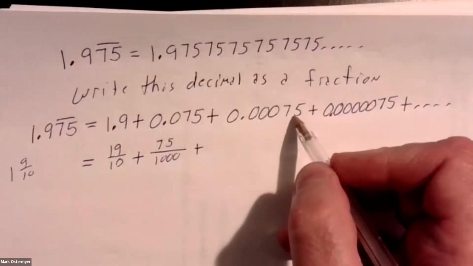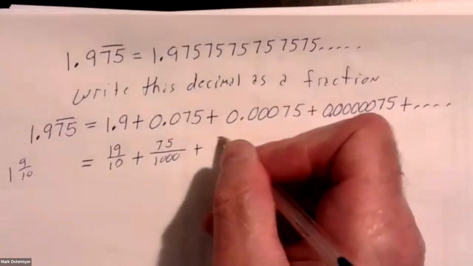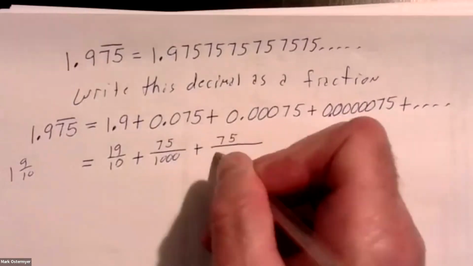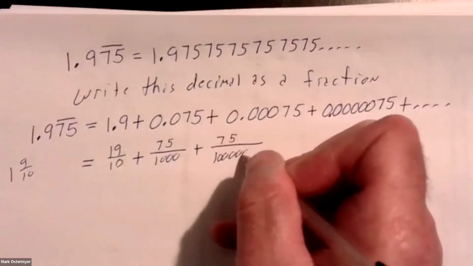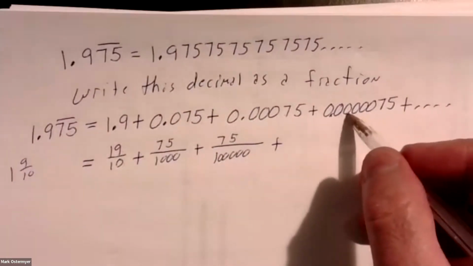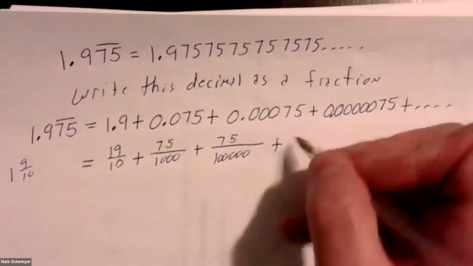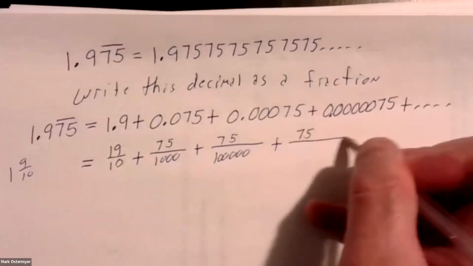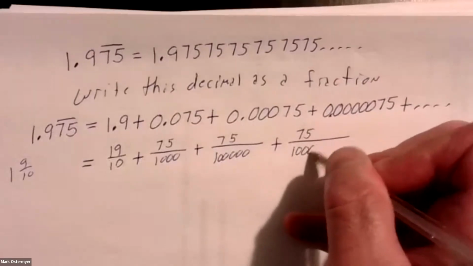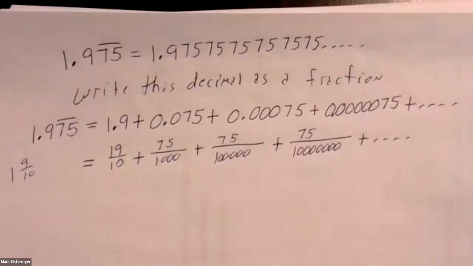How do I write this as a fraction? Tenths, hundredths, thousandths, 10,000ths, 100,000ths. This is 75 over 100,000. This is 75 over what? Tenths, hundreds, thousands, 10,000s, 100,000s, millions, 10 millions. 75 over 10 million. On and on it goes forever.